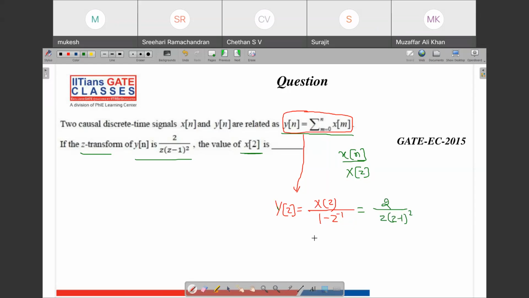Now this one you can also write as x of z into z divided by z minus 1, which is equal to 2 divided by (z minus 1) square. So you can cancel this out, and you will get x of z, which is equal to 2 divided by z square into (z minus 1).